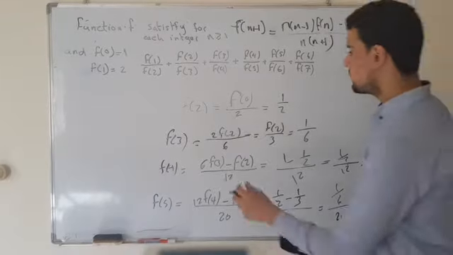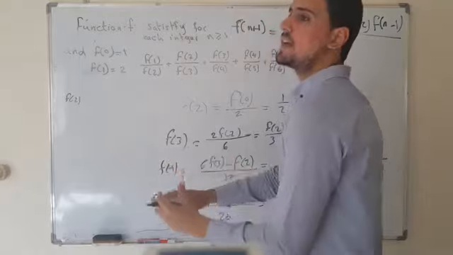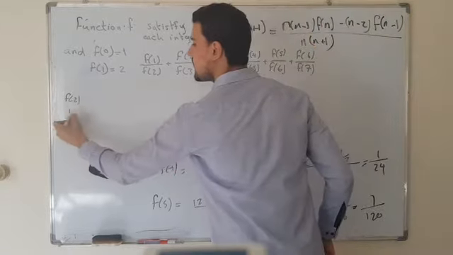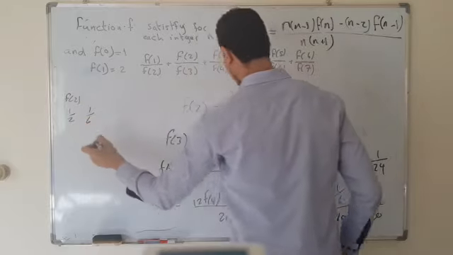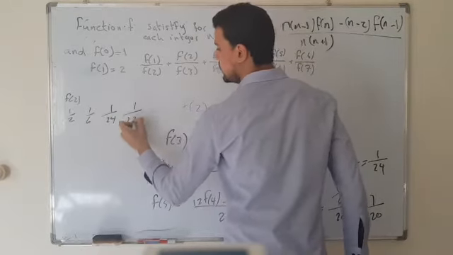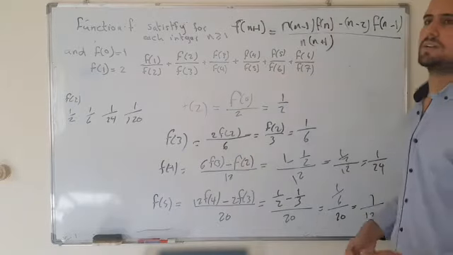Good. Now we have, I always like to group things. f2 is equal to a half, f3 is equal to 1/6, and f4 is 1 over 24 and f5 is 1 over 120. Okay, now I need to compute f6 and f7.